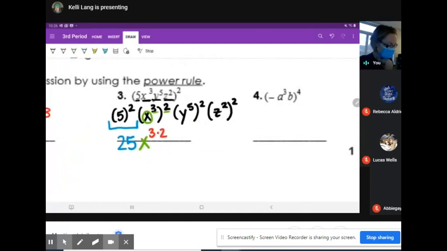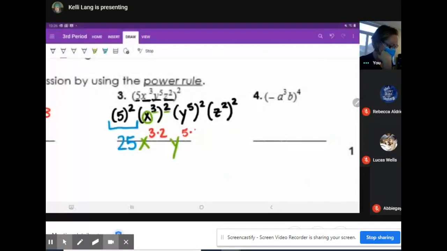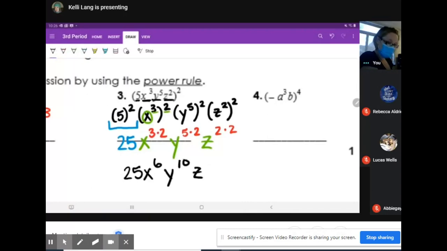The piece after that is another base with 2 exponents, so we'll rewrite that as y to the 5 times 2. And then finally, we have our z to the 2 times 2. So our ultimate answer ends up being 25 x to the 6th, y to the 10th, z to the 4th.